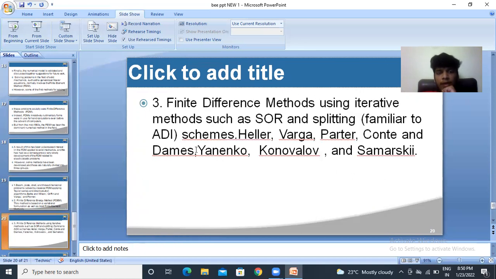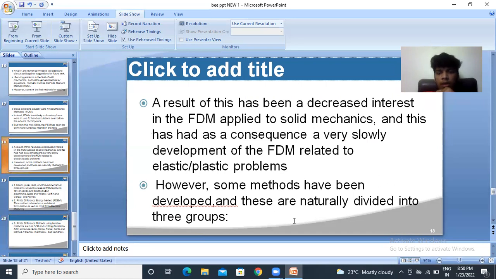Now, the third is finite difference methods using iterative methods such as SOR and splitting, which is familiar to ADI schemes: Heller, Varga, Pater, Conte and James, Yanenko, Konovalov, and Samarskii. So these three methods have been developed for the FDM related to solving elastic and plastic problems.